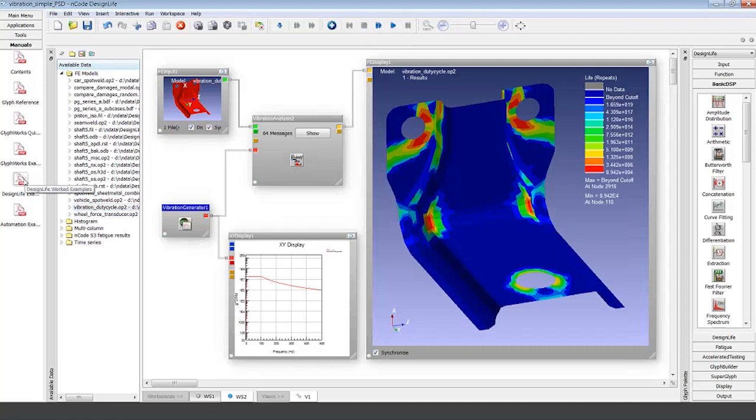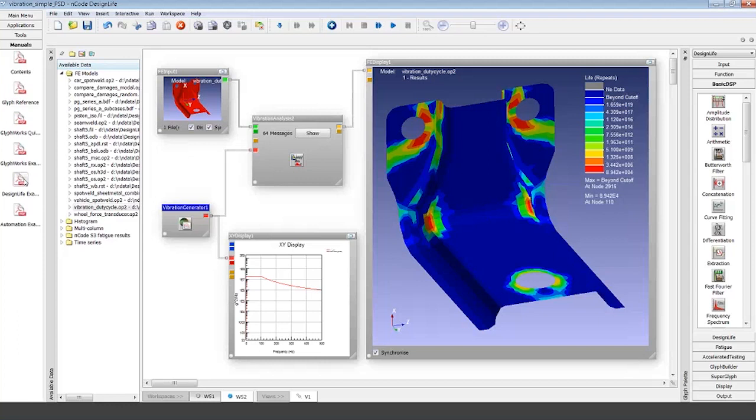The Design Life Worked Example PDF has 25 chapters, one of which is full of detail on how to build this exact process we see on the screen here. So like I said, we're not going to focus on how to build this process from scratch inside nCode. If you want to know more about that, I suggest you take a look at the worked examples, look in the nCode.com archive of webinars, or you can contact nCode support as well.